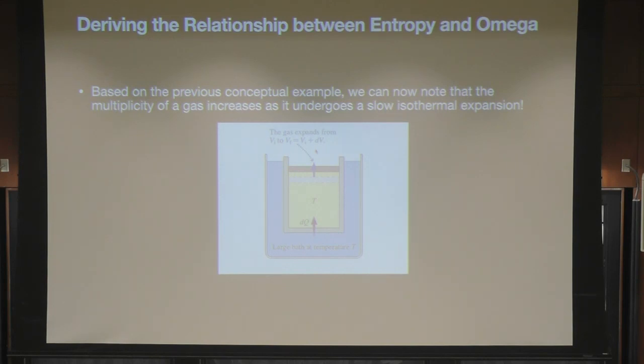So we've got this, it's in a thermal bath that's surrounded by water, and it's a gas, and it expands. It used to be here, but it expanded up to here.